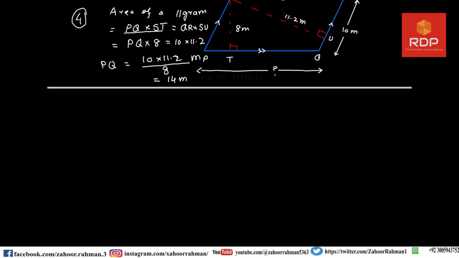Now there is another question, and that is question number 5. They are saying the figure shows a trapezium. So let us draw the figure, and that will be a trapezium.